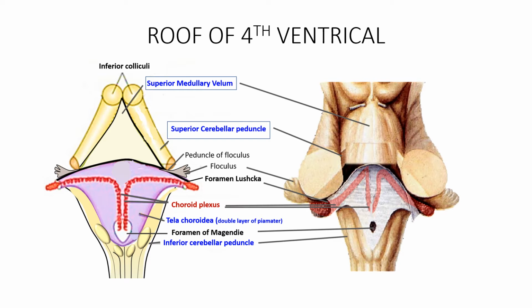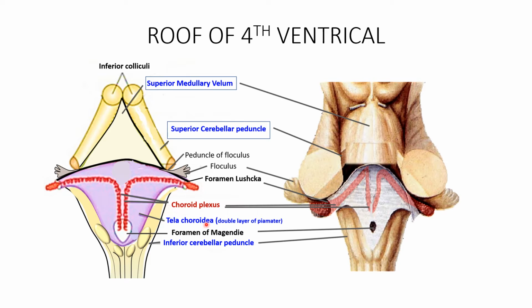The lower part of the roof is pierced in the midline by a large aperture called the foramen of Magendie, through which the cavity of the fourth ventricle communicates with the subarachnoid space, called the cerebellomedullary cistern over here. So this is the upper part of the roof of the fourth ventricle. Here you can see this is the lower part of the roof of the fourth ventricle.